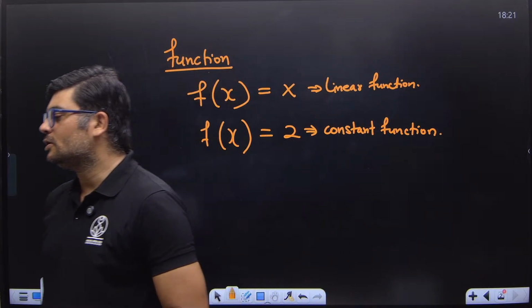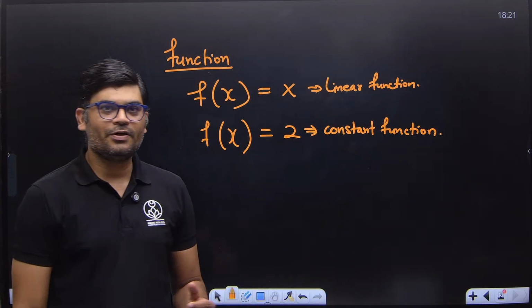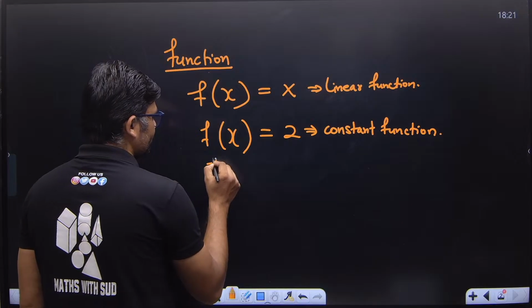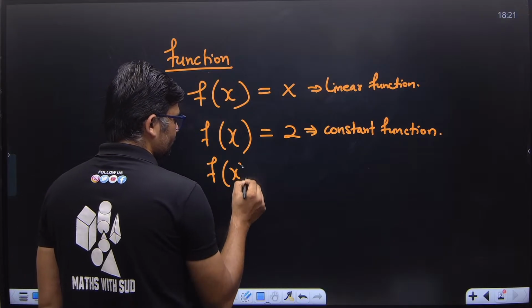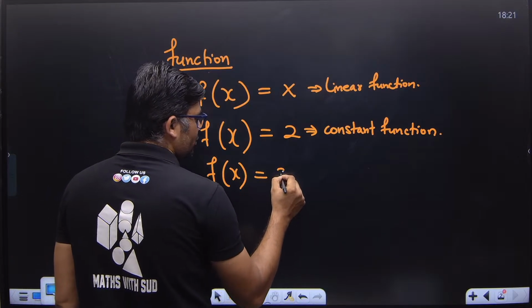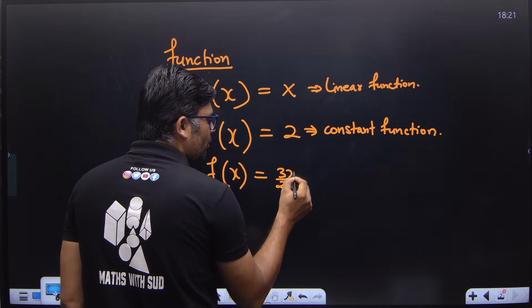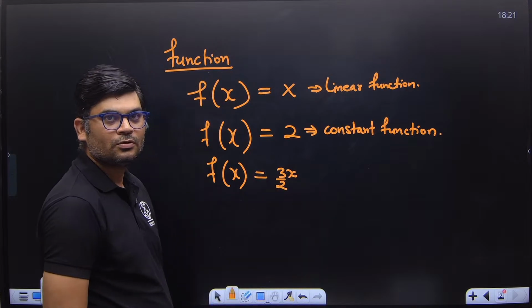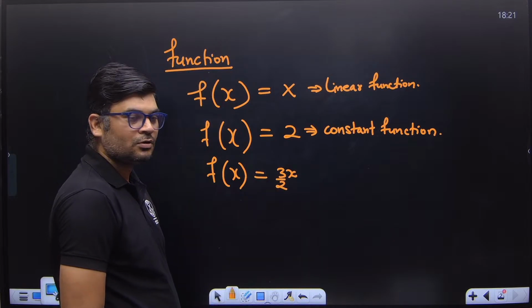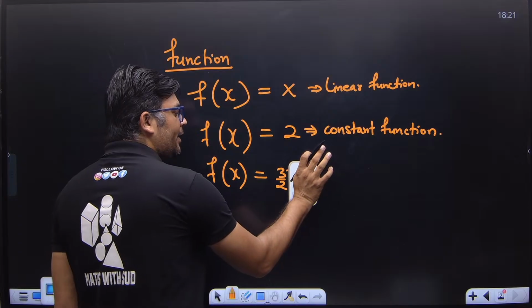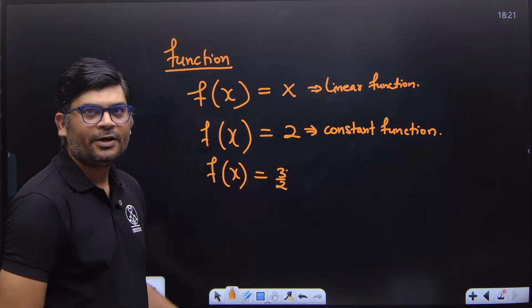Srimoy, give an example of one more function. 3 by 2. You can say 3 by 2 x or just 3 by 2. So what function is this, 3 by 2?